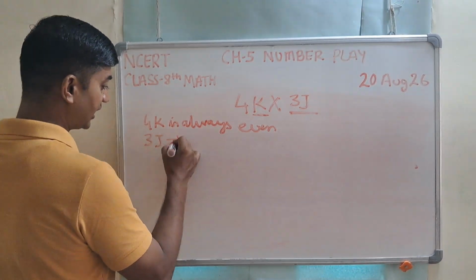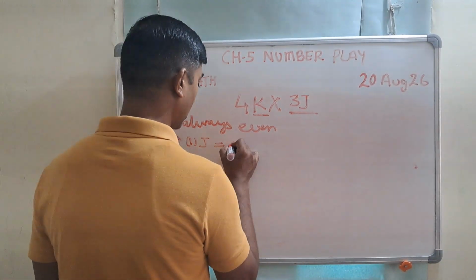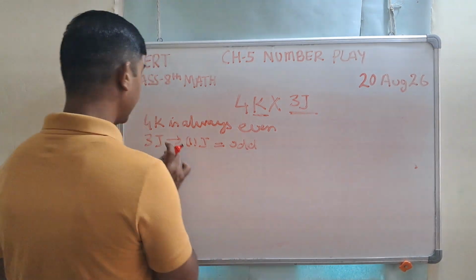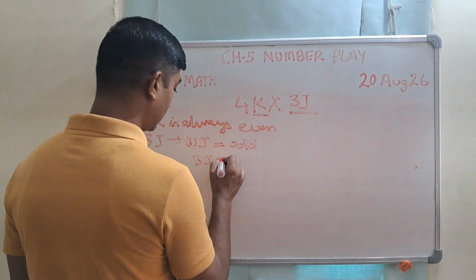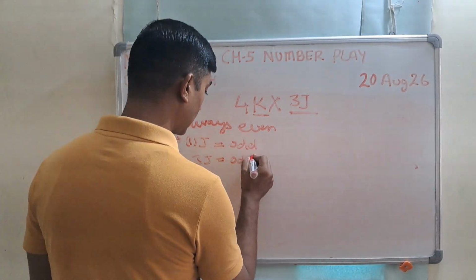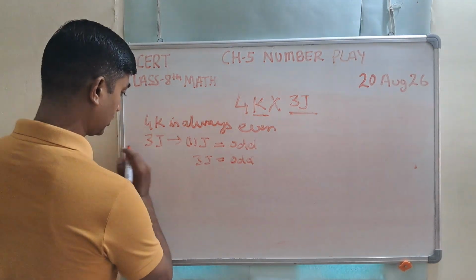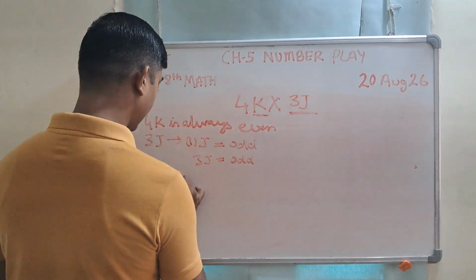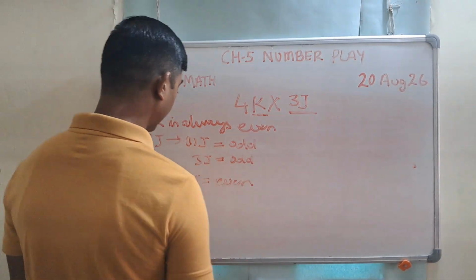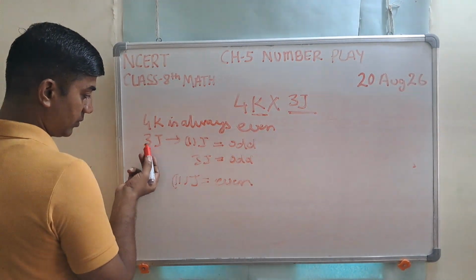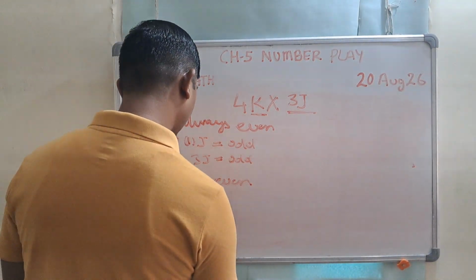In case 1, when j is odd, your 3j will be odd. Understood? And in the second case, when j is even, then even multiplied by odd is always even.